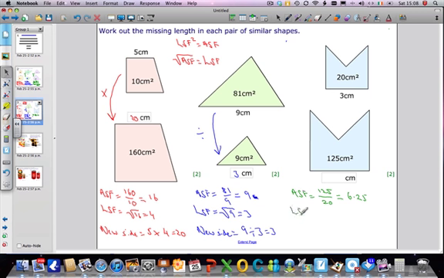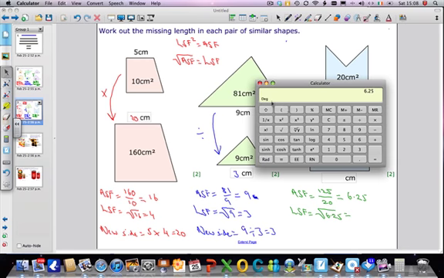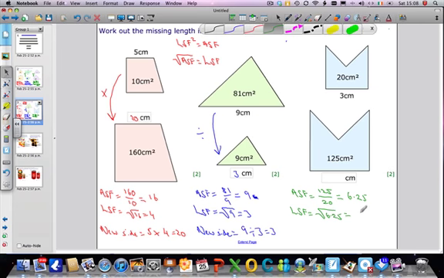To get the linear scale factor, so working backwards, we take the square root of 6.25, which is 2.5. So the linear scale factor is 2.5.